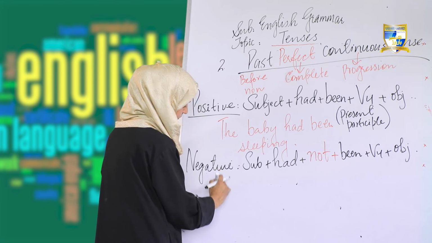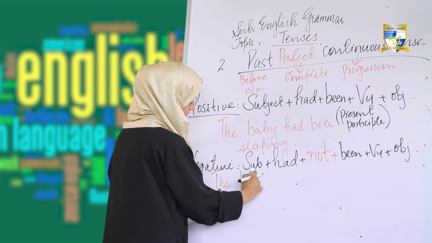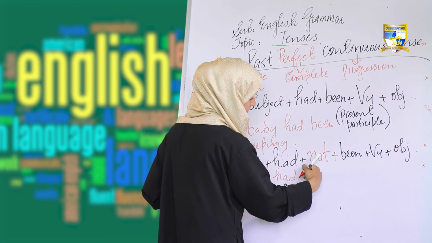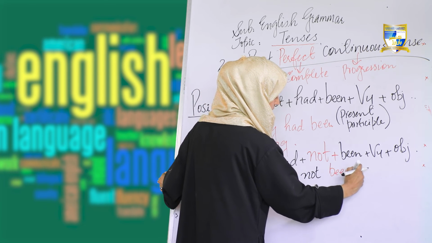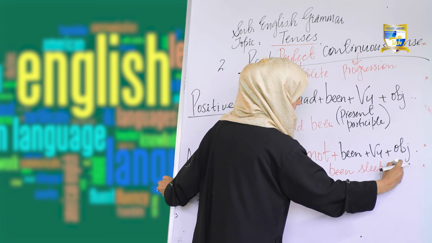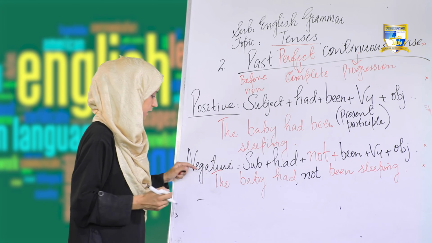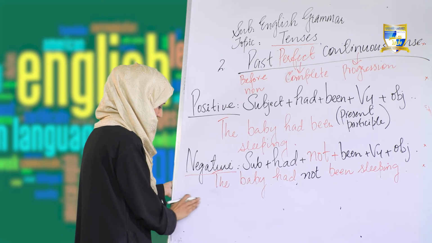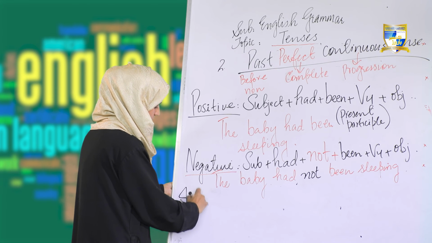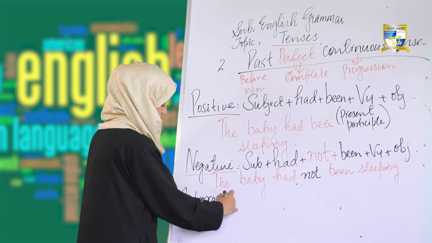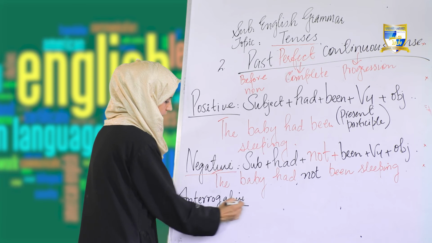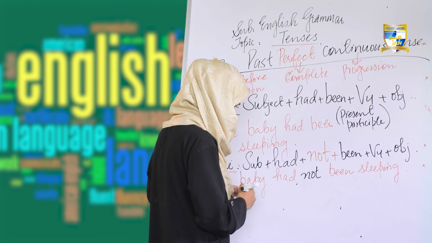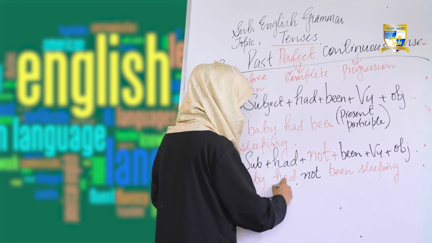Let's take the same example. The baby had not been sleeping. So here comes our negative sentence with the past perfect continuous tense. Now we have the interrogative sentence. As mentioned earlier, we take auxiliaries in the beginning of interrogative sentences, so we take had in the beginning.